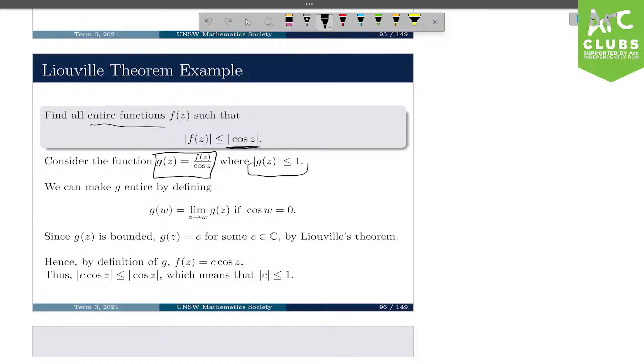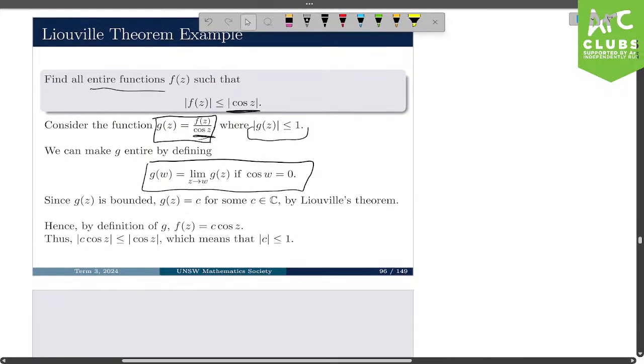Sounds bounded to me. And so, since we have the composition of complex differentiable functions, it must also be entire, right? And therefore, just by defining all the points as limit points, just to ensure that we're not stepping on anyone's toes in the division by cos z, we just ensure that our limits are defined and work, okay?